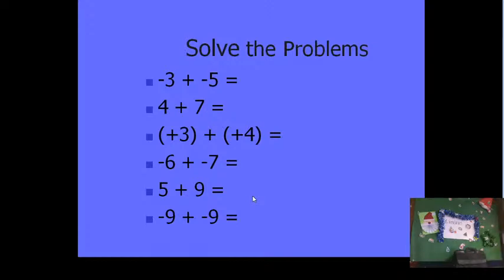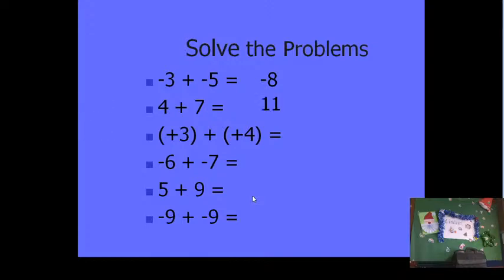Yes, now what is the answer of this question? Minus, yes, because we know already this is minus 3 and plus minus 5, so we will simply write minus 8. How about this one? 4 plus 7, what is the answer? 11 only, right?